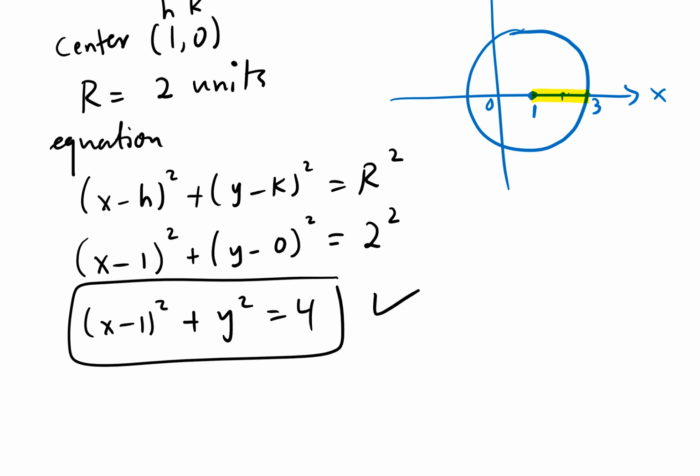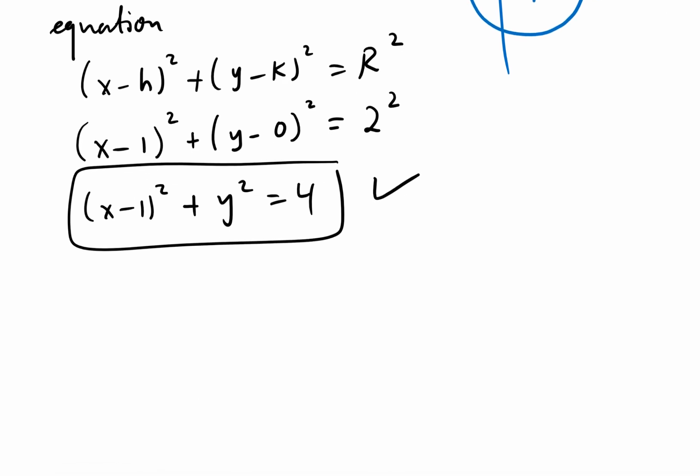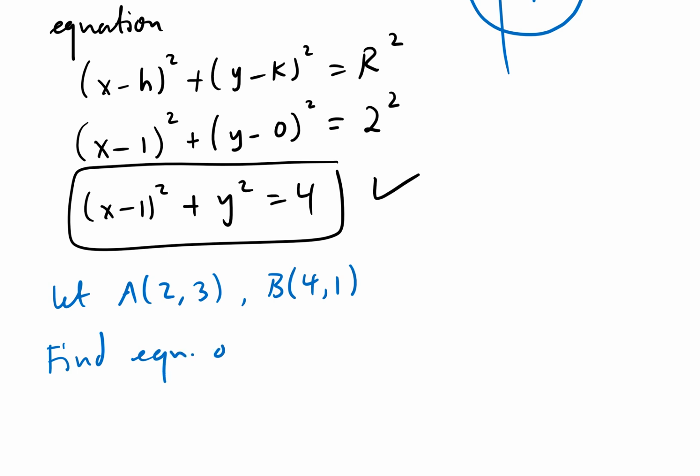So these are just additional questions, good for students to know. Sometimes they say let A be 2 comma 3 and B be 4 comma 1. Find the equation of the circle with diameter AB.